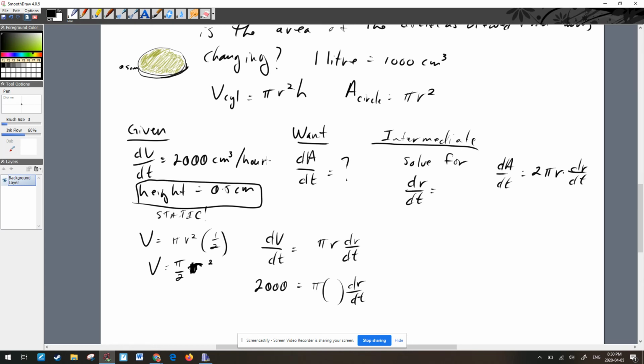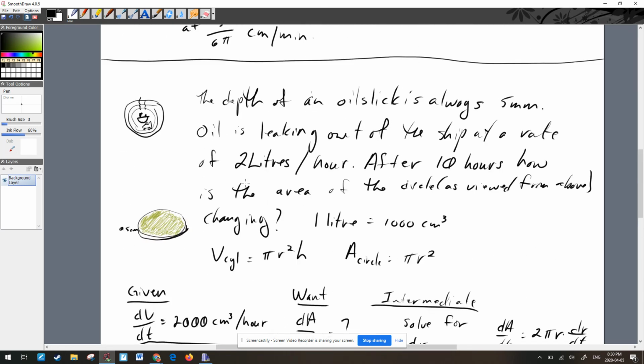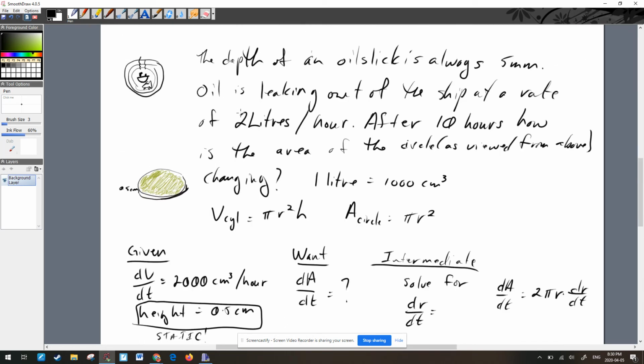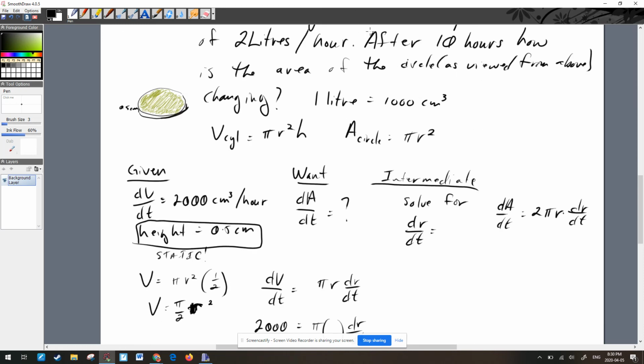However, there's enough information in this problem to solve for r, because it says oil has been leaking out of the ship at 2 liters per hour after 10 hours. So that means we know the volume of this cylinder has to be 2,000 times 10. So I know the snapshot volume. So that's kind of another given.